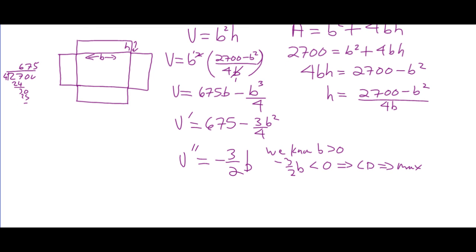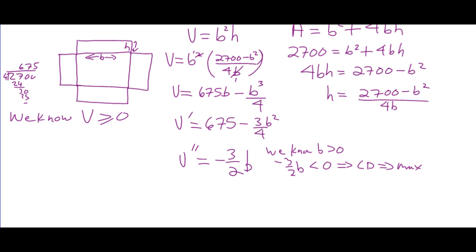All right, so now we need the critical numbers. Okay, so we know v is greater than or equal to 0, right? The volume has to be greater than or equal to 0.